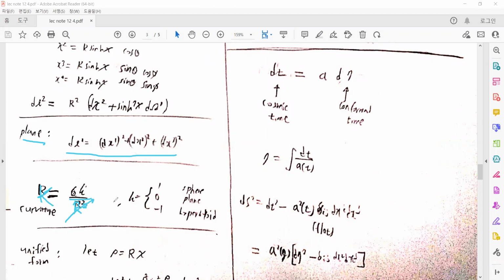We will just focus on the sign of the curvature, small k. The sphere has a positive curvature, one, the hyperboloid has a negative curvature, and therefore the plane has zero.